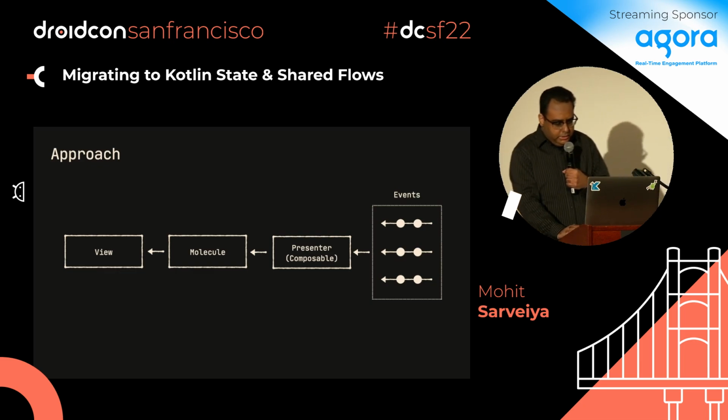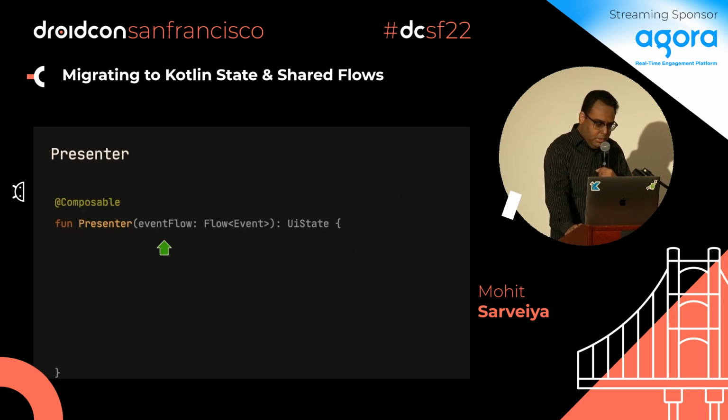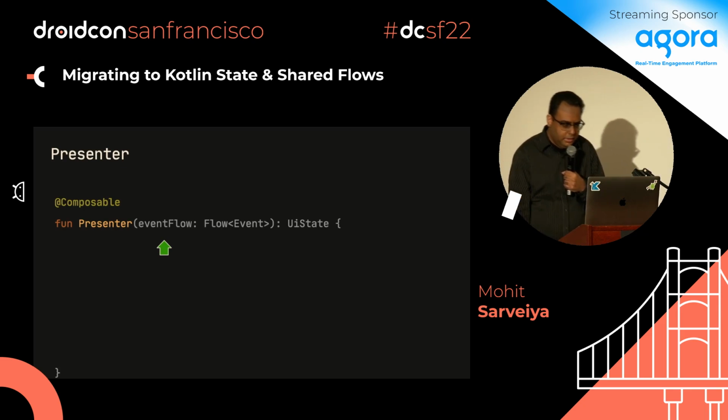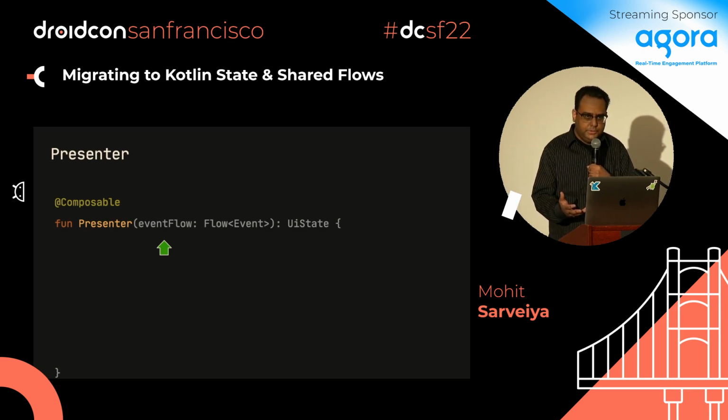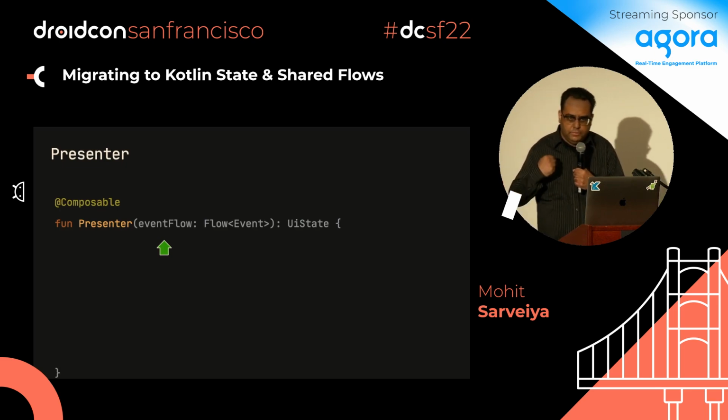So this is a similar approach, a different approach than what I showed you earlier. So let's look at an example of how to utilize this approach. With this approach, you could declare a presenter. I'll show you also how to use this with the ViewModel. And this presenter is a composable function. What it takes in is, you could take in one or two or three event flows.